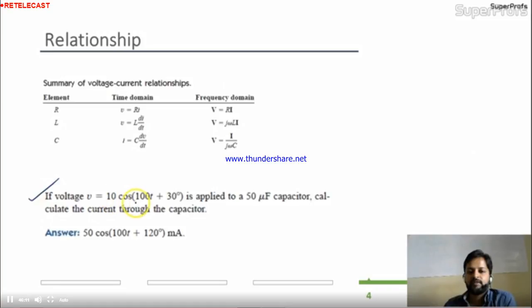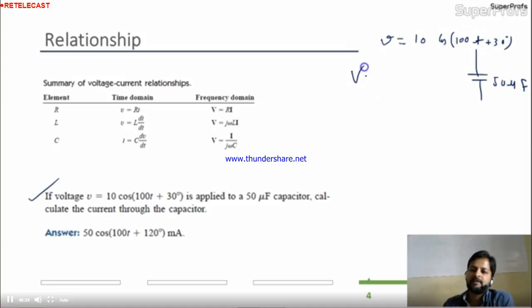If voltage V is applied to a 50 microfarad capacitor, calculate the current through the capacitor. Capacitor given is 50 microfarad, V is given as 10 cos(100t plus 30). So can I write V is nothing but 10 angle 30? Cos is given, yes, I can write.